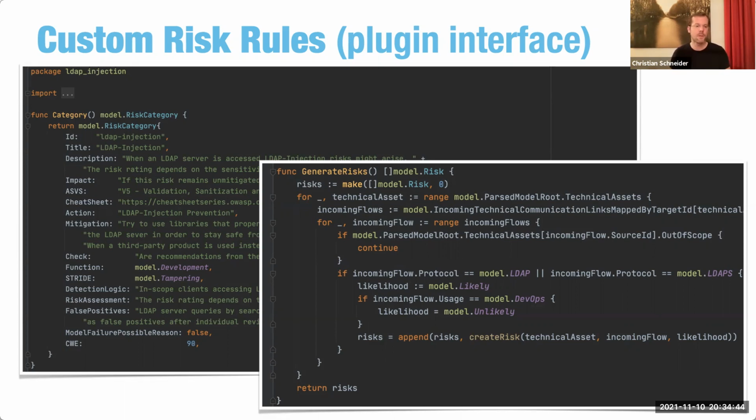And on the left side, you see those text snippets and the categorization stuff to work and emit that in the report. And on the right side, you see the detection logic for this built-in risk rule. So it's a little bit of model checking and looping and analyzing incoming data flows by protocol. And if a certain condition is met, then it's appending a new risk into that report.